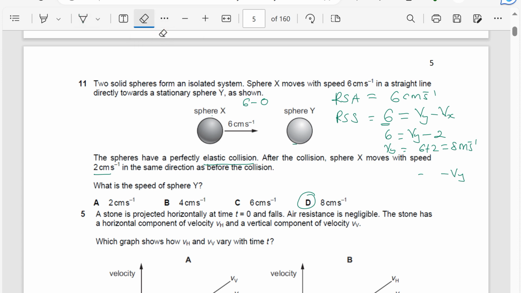I want the highest minus the lowest. I'm assuming that because X was moving with 6 centimeters per second, if it is now moving with 2 centimeters per second, then its speed has decreased. So the speed for the other one must be higher. So I started with vy. So the answer is going to be D.